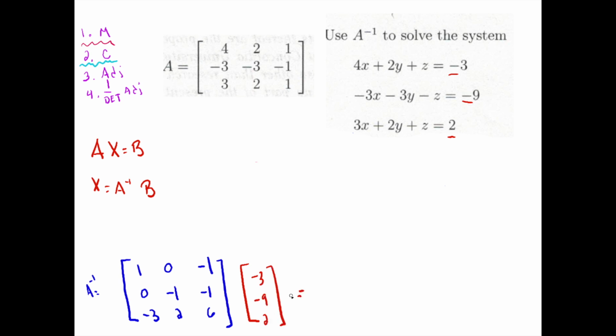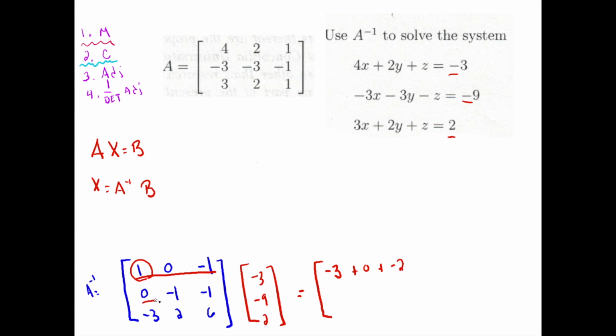And if you remember how to do a matrix multiplication, we're going to take the first row and the first column. So we're going to do 1 times -3, which is -3, plus 0 times -9, which is 0, plus -1 times 2, which is -2.